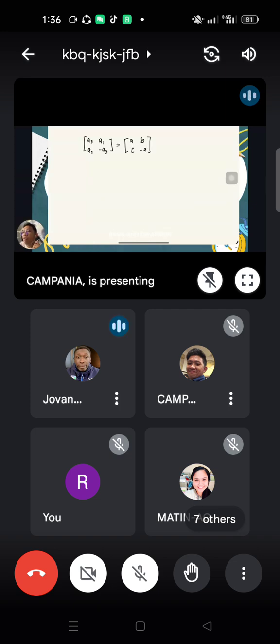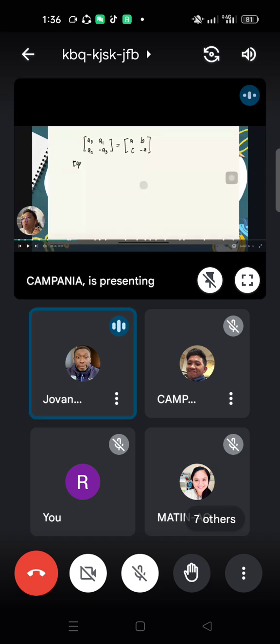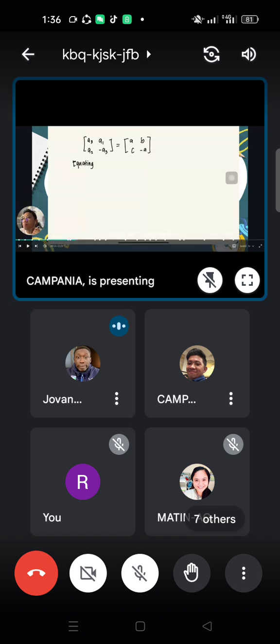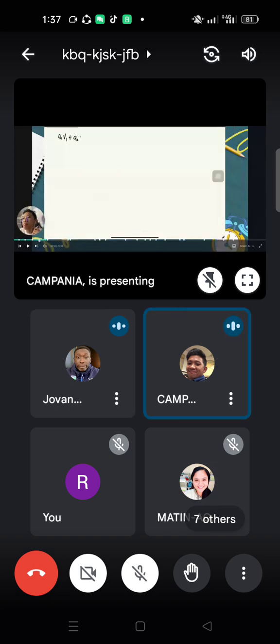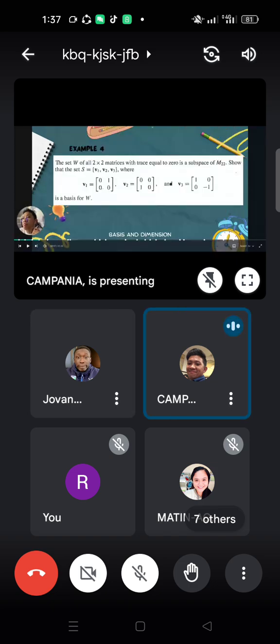So to equate, or negative equating... Why is the representation of your V A, B, C, negative A? It comes from the given. So vector 1 is 0, 1, 0, 0.